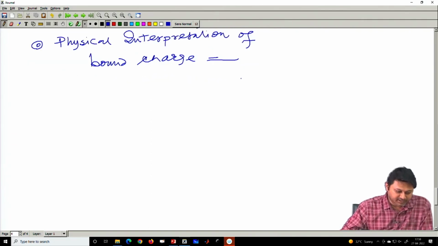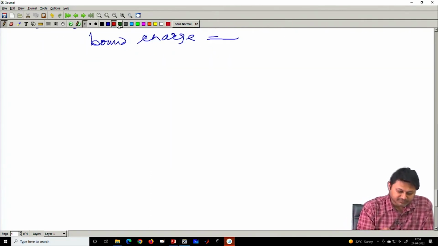What is the physical interpretation of the bound charge? For example, you have a long string of dipoles.